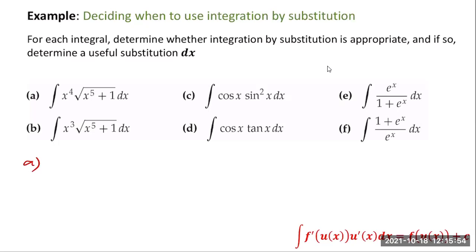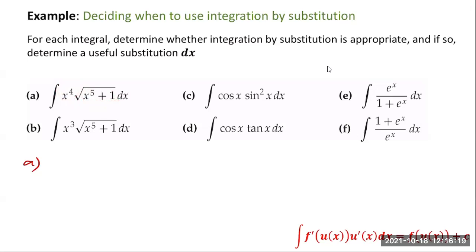Well, to determine that, if you take your inside function to be u of x, its derivative should be sitting right next to that. It can be a constant multiple though. If you have the derivative of the function that you are going to take as u of x inside the function, then we can apply the U substitution.